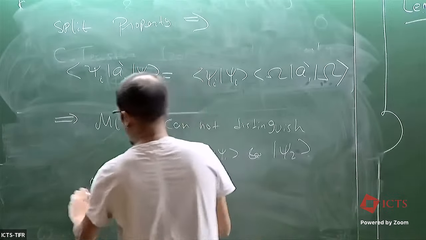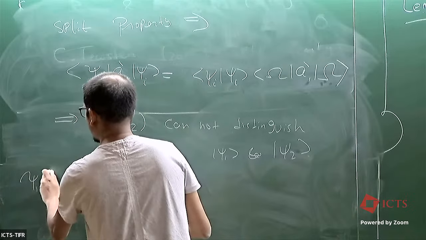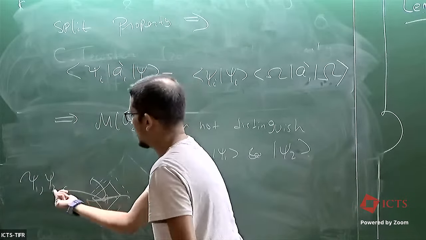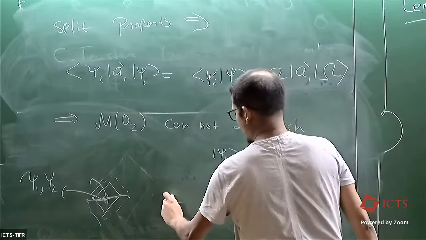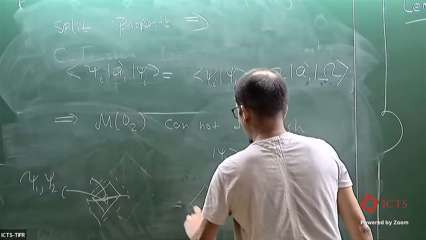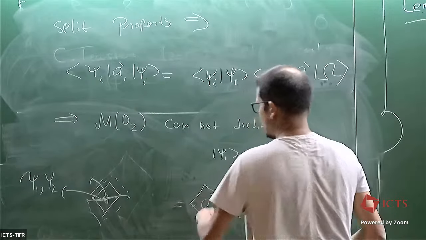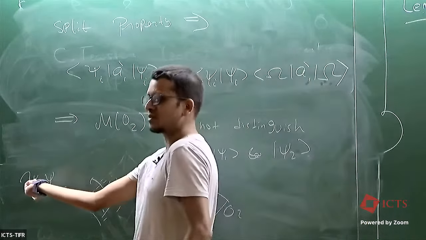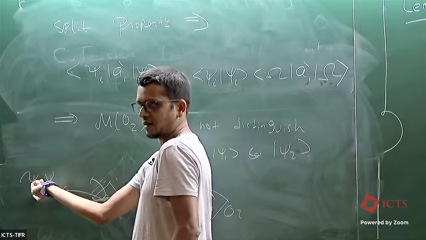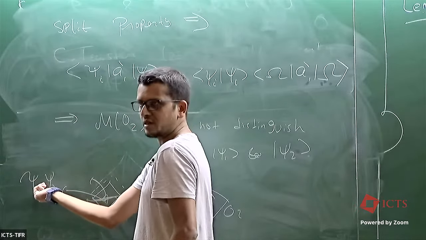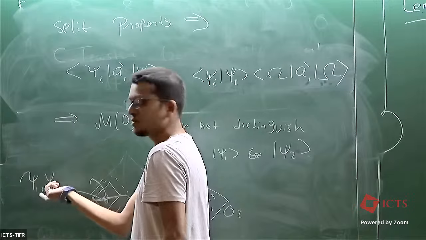So you prepared two states here, psi 1 and psi 2, and these states cannot be distinguished by some operator which was localized in a region here. So that's the statement of, yeah, I just finished this: localization of information in QFT.